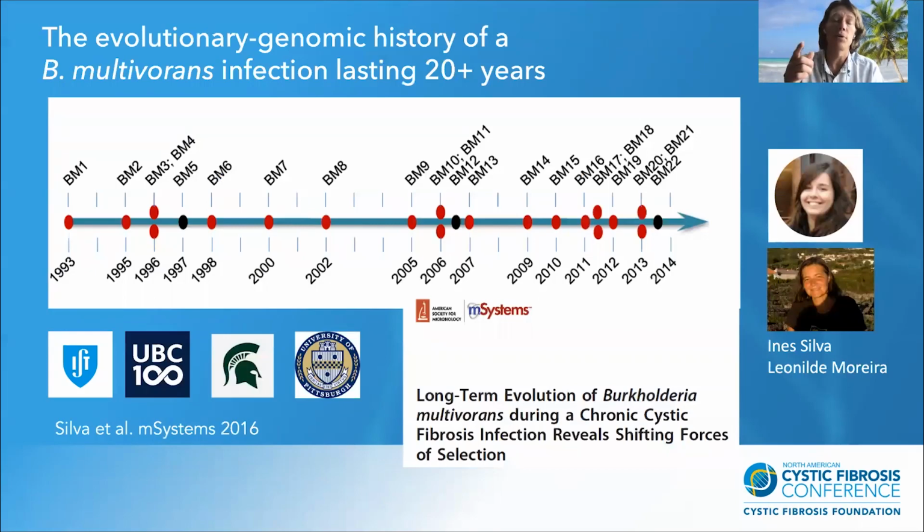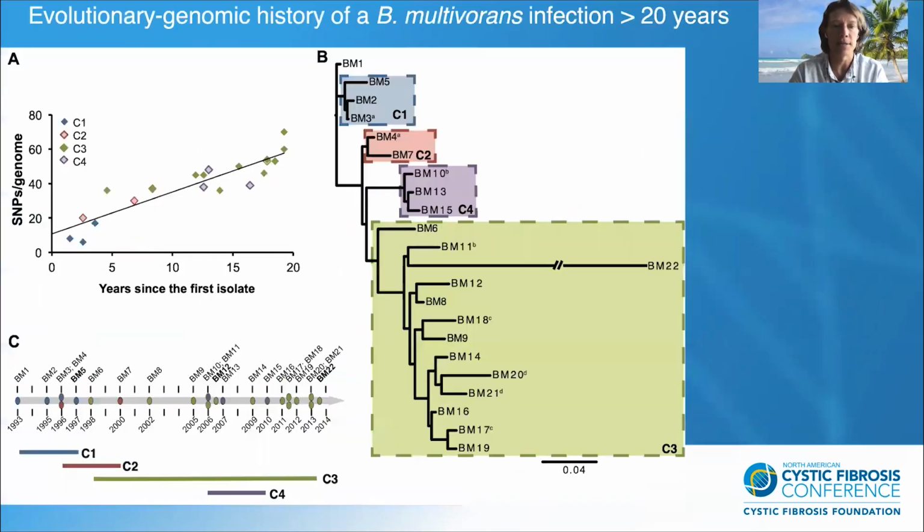Here I'll turn to another study that we completed a few years ago in collaboration with Inês Silva and Leonilde Moreira from Portugal. This is one patient who has been chronically infected with Burkholderia multivorans for over 20 years. We published this in mSystems in 2016.